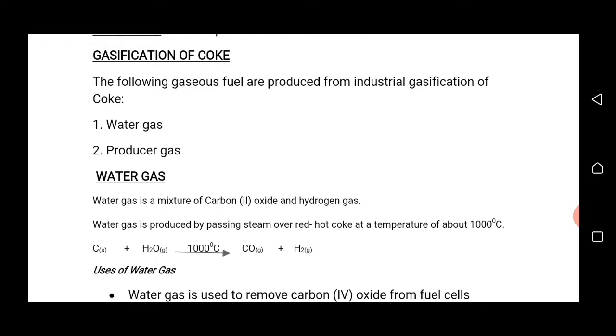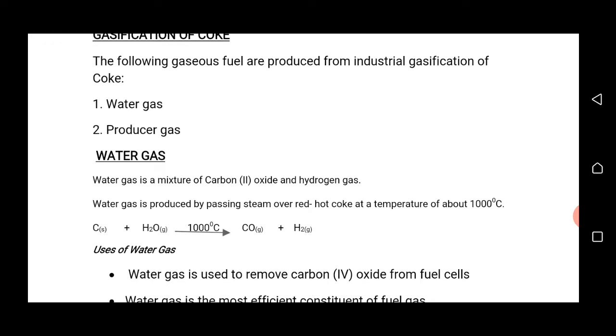The following gaseous fuels are produced from industrial gasification of coke. So when coke is combined with other gases like steam, like air and any other gases, the two important gaseous fuels are produced.